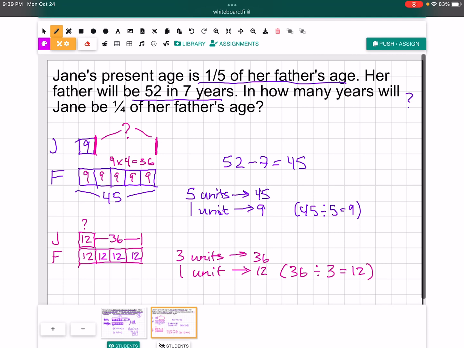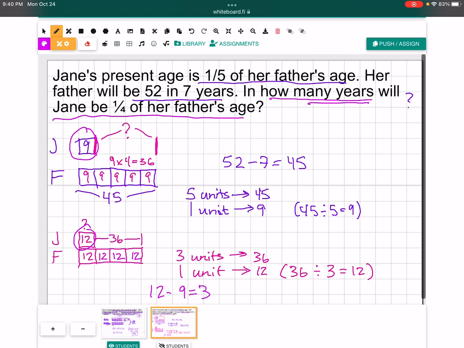All right. So each one of those units is 12, which means that Jane will be 12 when she is 1/4 of her father's age. Now, the question was, in how many years will Jane be 1/4 of her father's age? And so if she's 9 now and going to be 12 then, that's going to happen in 3 years, because 12 minus 9 is 3.